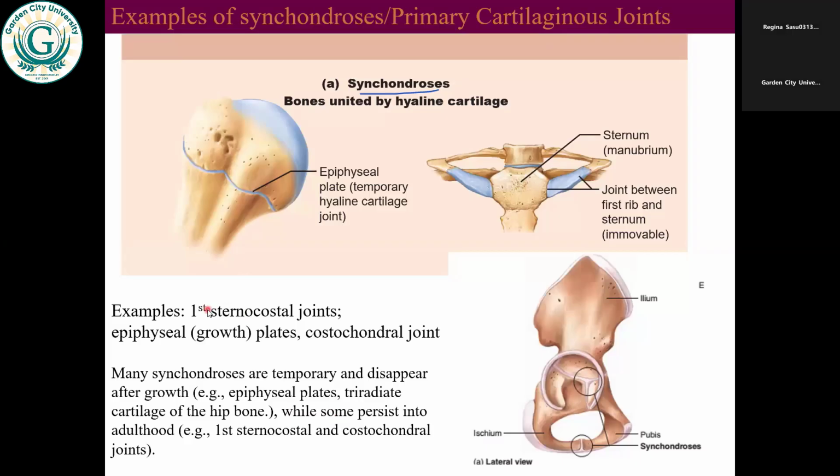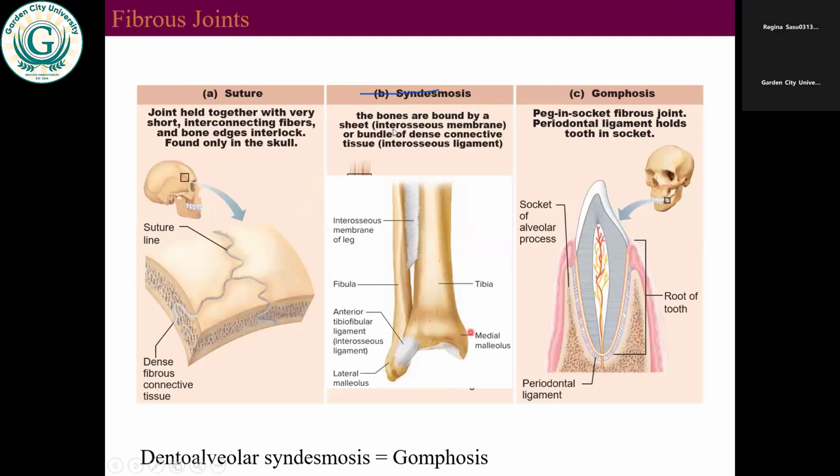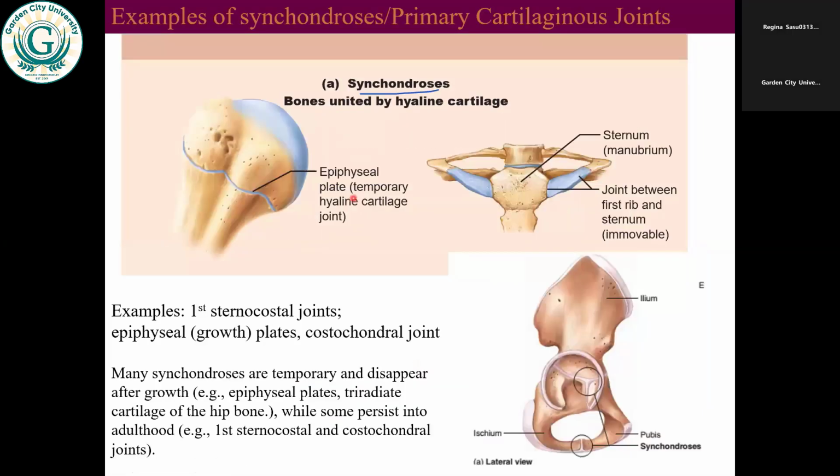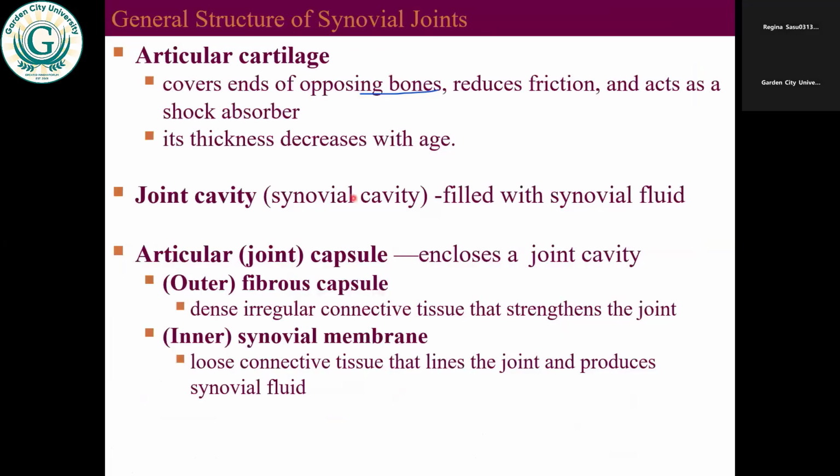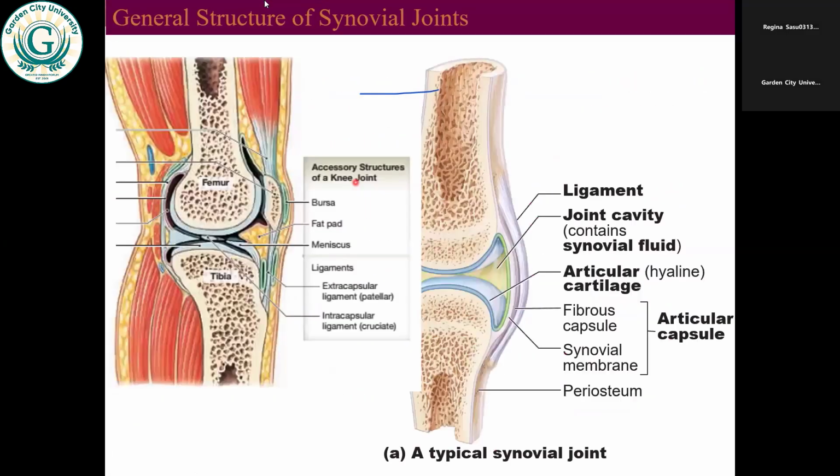Those ones are the first sternocostal joint and the costochondral joint. Okay, so we are done with the fibrous joints. We are done with the cartilaginous joints. Then the last one is a synovial joint.